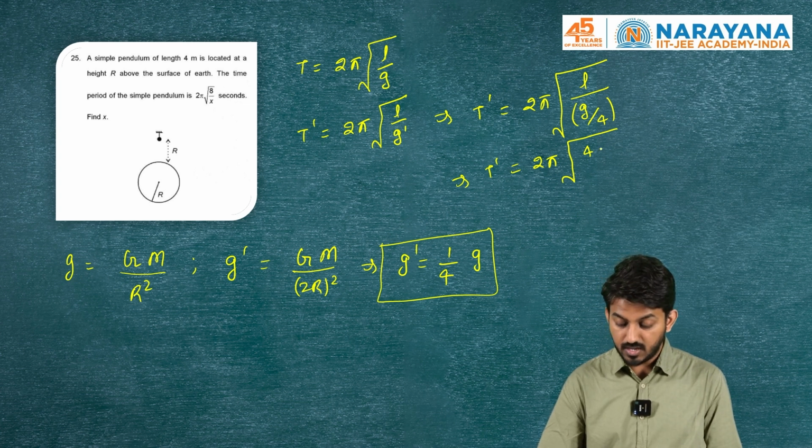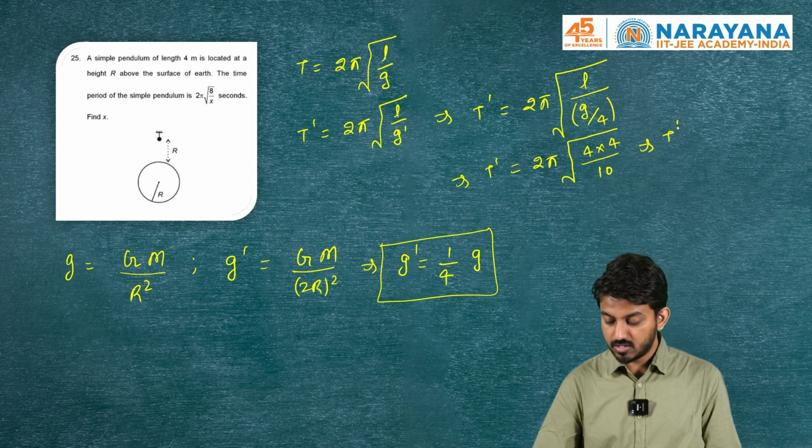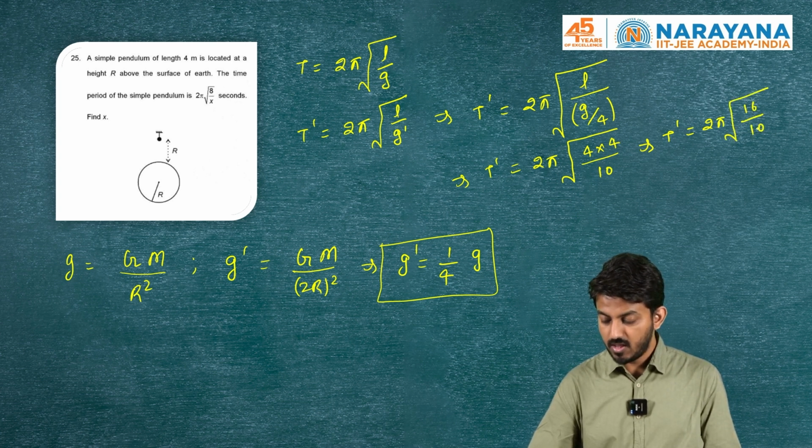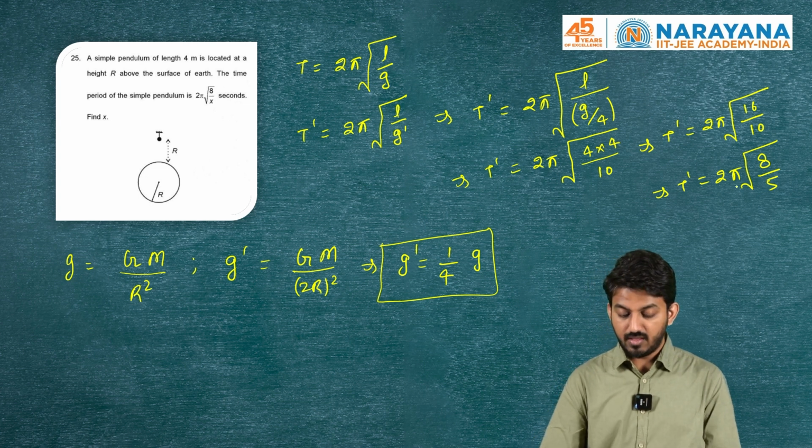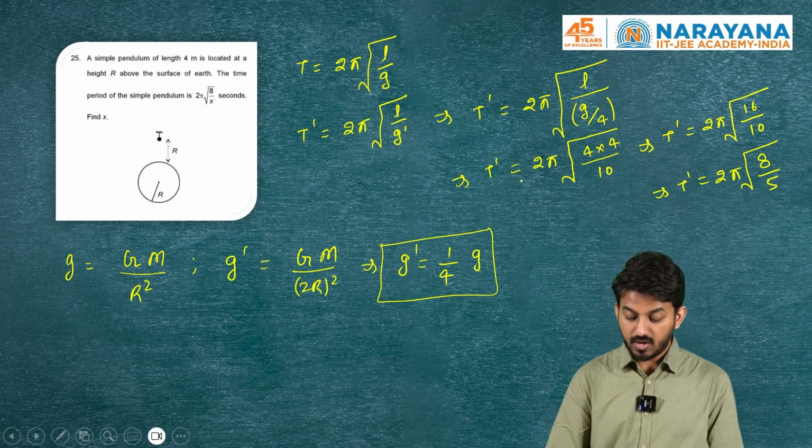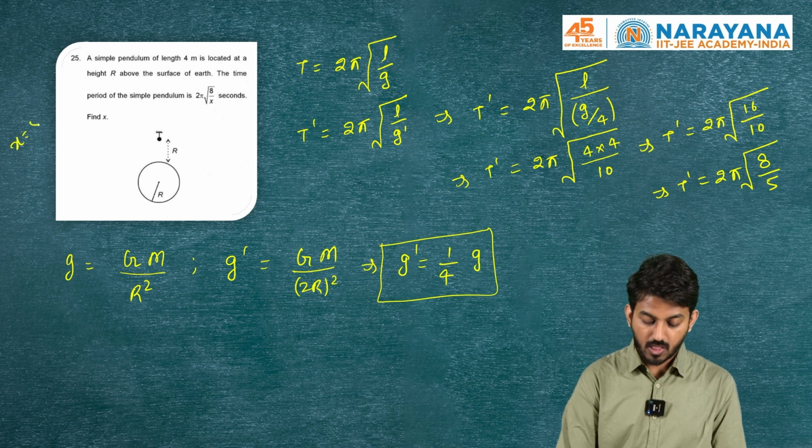Now the value of L here is said to be 4 meter and the g value is going to be 10. I can write this down as T prime is equal to 2 pi root over 16 by 10. Simplifying it will give us T prime is equal to 2 pi root over 8 by 5. And if you see, we have it in the same format, so our x value here comes out to be 5.